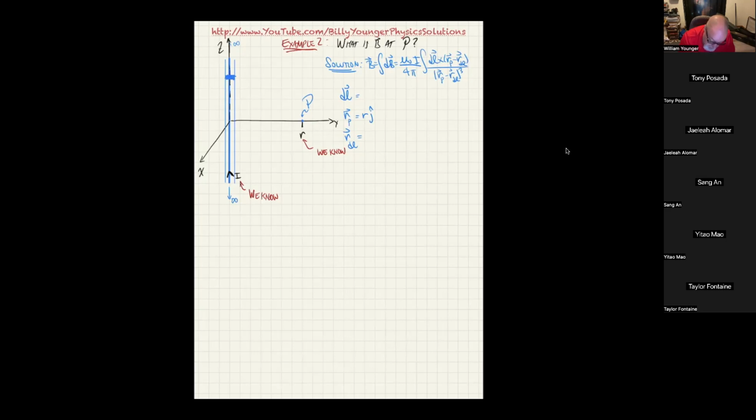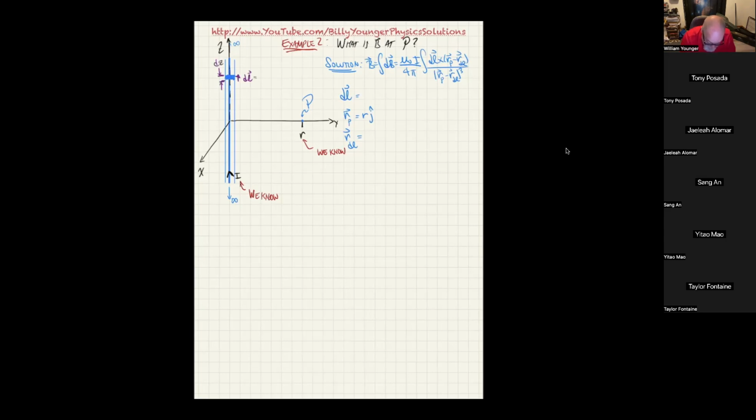So I'll use the purple like I used before. I'm going to say dl is that vector right there. Can anybody guess what I'm going to use for the length of that vector? dz. dz, exactly.